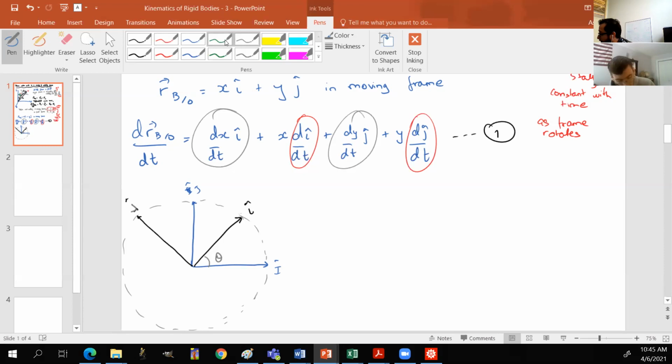What I can say is that di over dt is equal to di over d theta times d theta over dt.